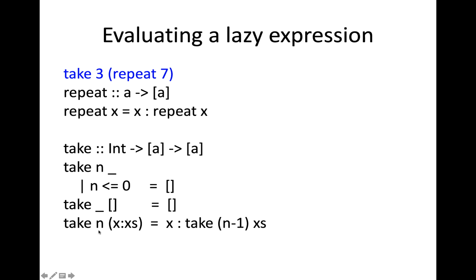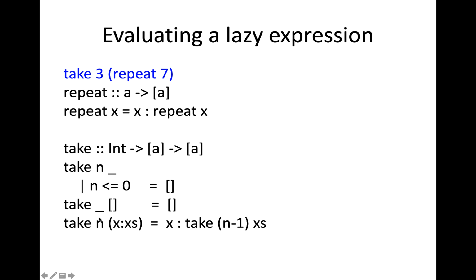And otherwise, when there is a positive number in the first parameter and we are trying to take that many items from this list, which has a head x and tail xs, then what should happen is that the head should come out, and then we have a recursive call, and this time our goal is to get n-1 items from the tail, because we already got one item from the list.